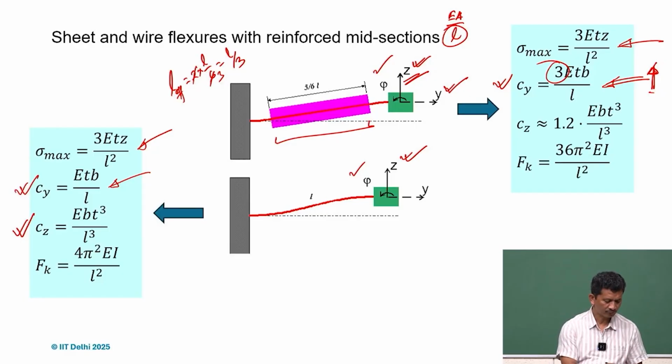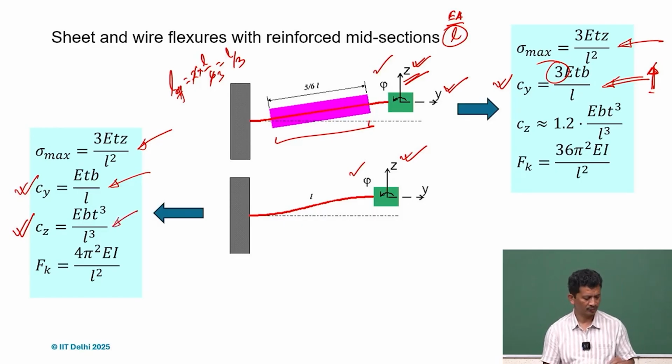So here, E B T cubed by L cubed, we can always refer to the formulation. For no reinforcement, that's the stiffness in the z direction.